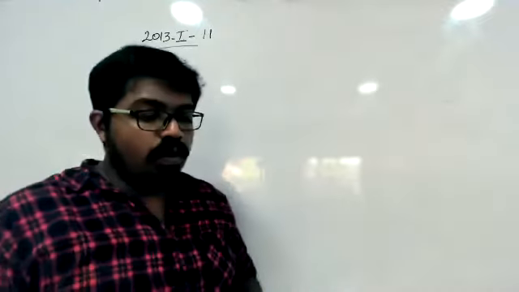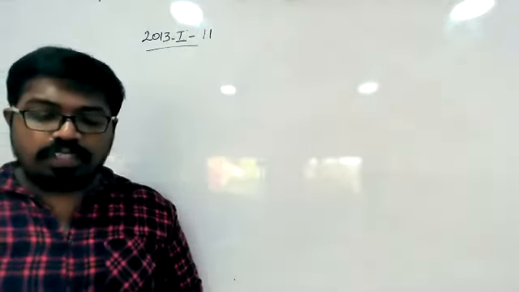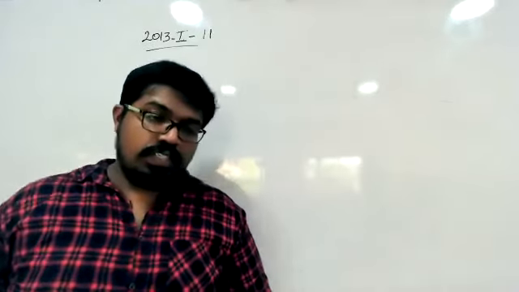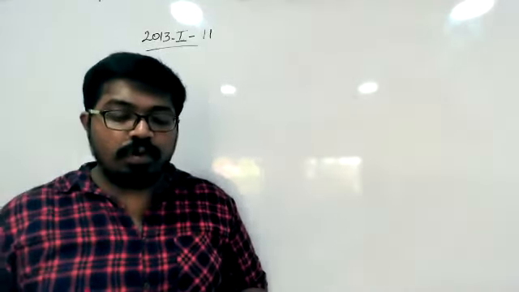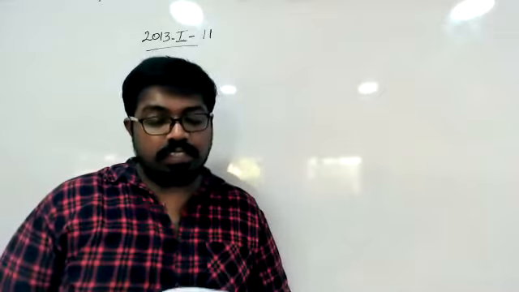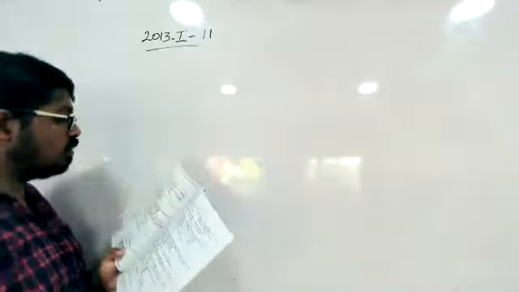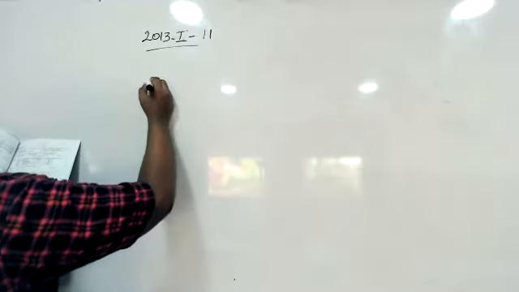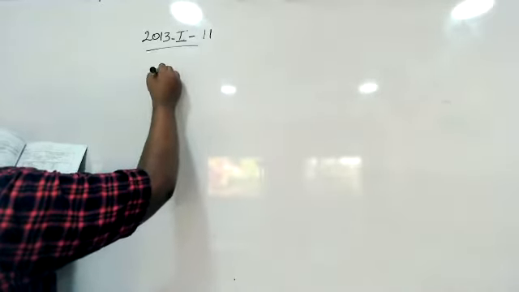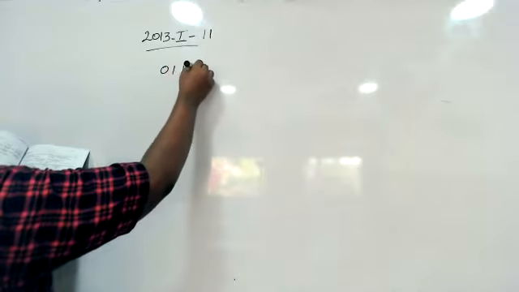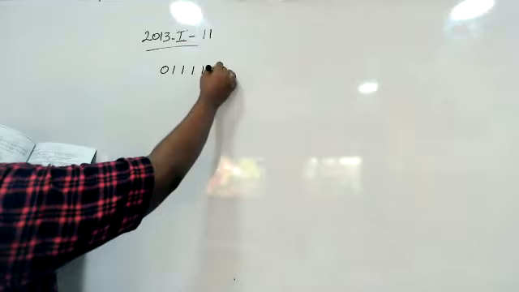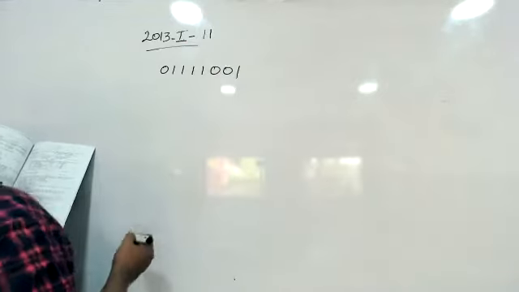Which is the smallest out of the following binary coded decimal representations? So you have to find the smallest BCD representation among the 4 answer options. The options are 0, 1, 1, 1, 0, 0, 1.